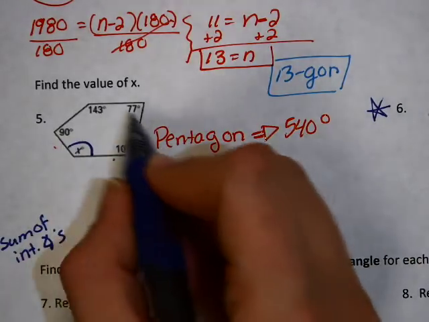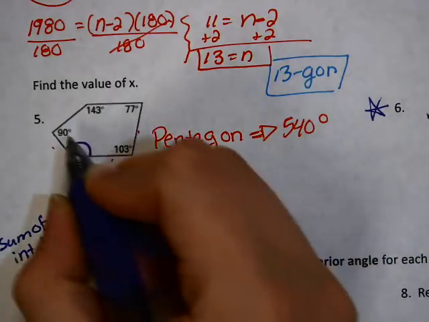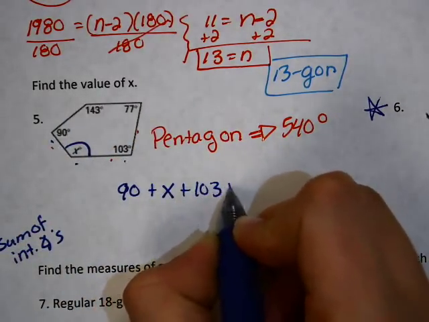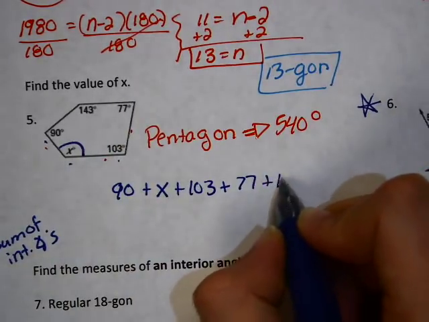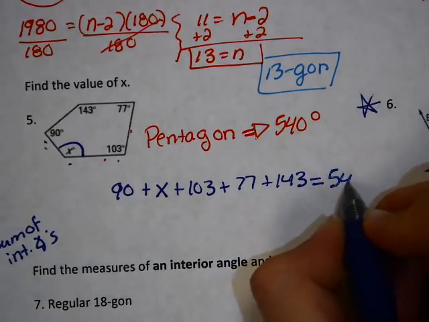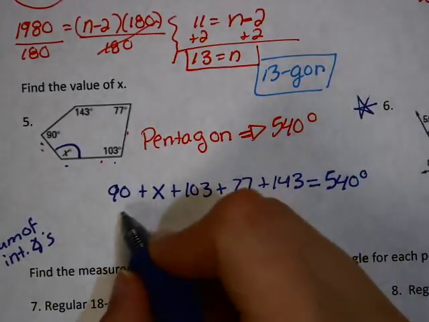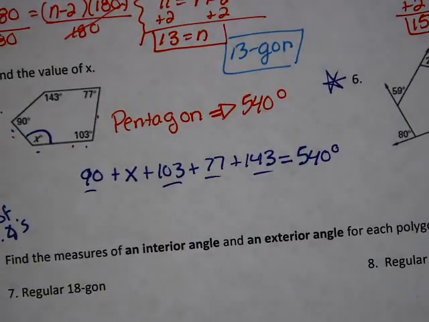So I can take all my angles: 90 plus x, going around this direction, plus 103, plus 77, plus 143, and set it equal to 540 degrees. Then I can combine my like terms and solve for x.